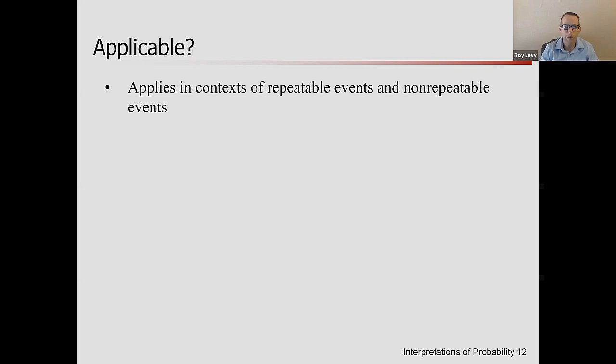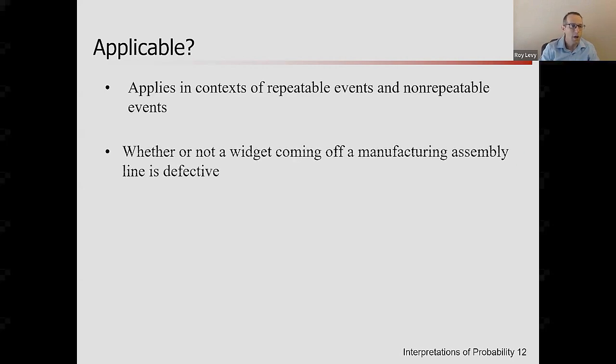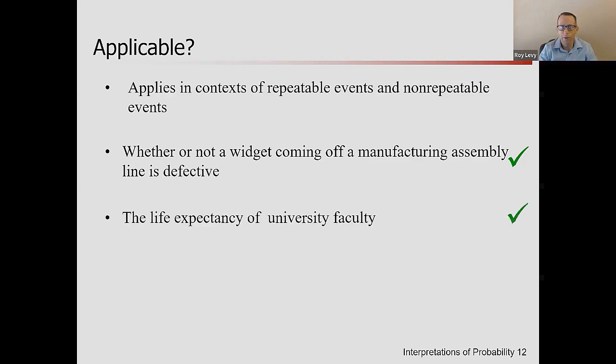So it is applicable in events that are repeatable, as well as events that are not really repeatable. Can I talk about the probability of whether the widget coming off the manufacturing assembly line is defective? Yeah, I can. Can I talk about the probability of life expectancy for a university faculty? Yeah, I can. I have beliefs or uncertainty about that, and I can talk probabilistically about that.